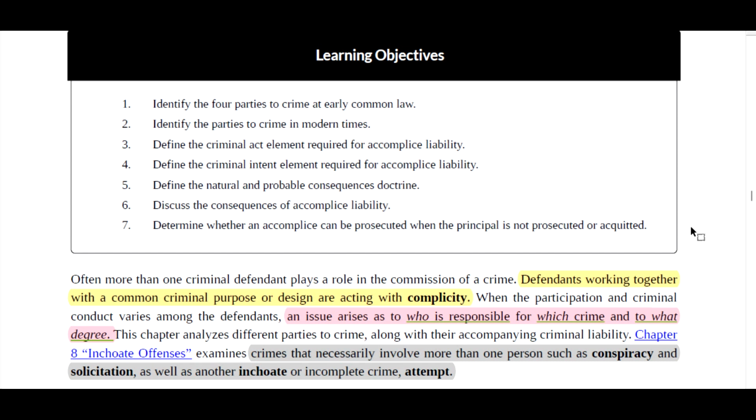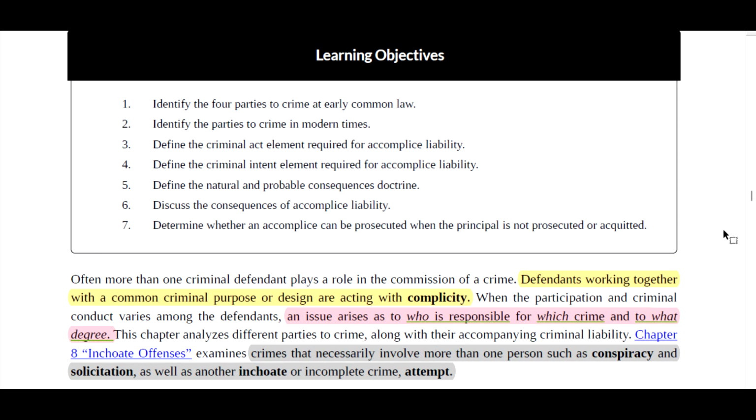The different levels of involvement lead to different issues, and these are the three questions that come up: who is responsible for which crime and to what degree. The moment you have more than one defendant involved in a case, you need to figure out who is connected to which crime and at what level. And sometimes there's overlap, and that's important to note.